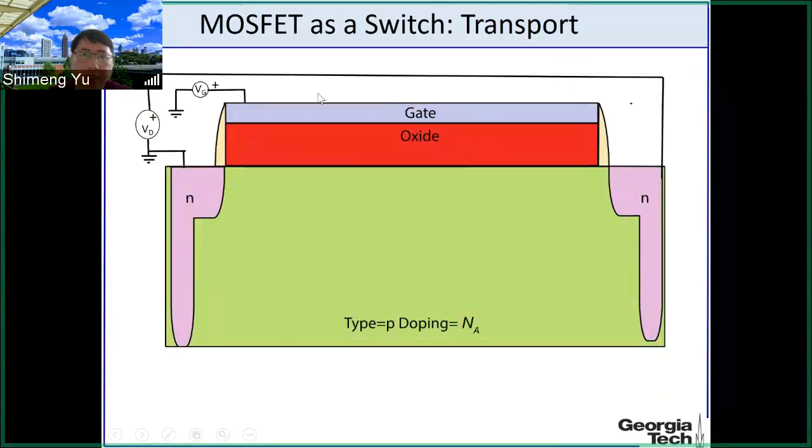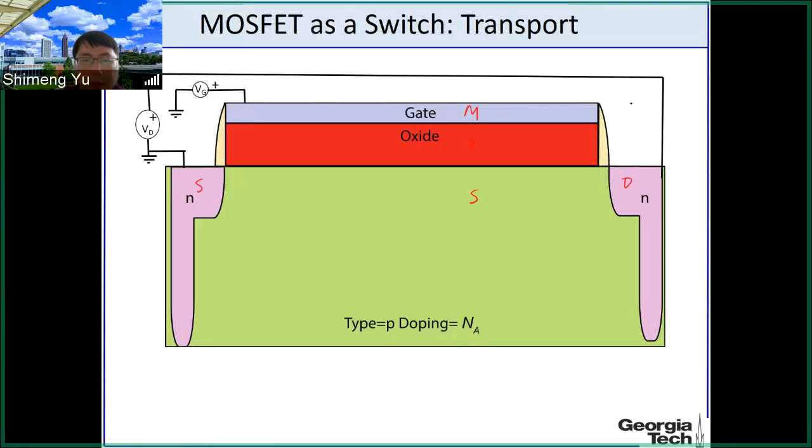Let's look at what's going on in the MOSFET, and let's take NMOS as an example. In lecture 8, we discussed the MOS cap, MOS but without the source and drain. So it's a capacitor structure, and there's no current flow. But today we are going to add this source and drain.